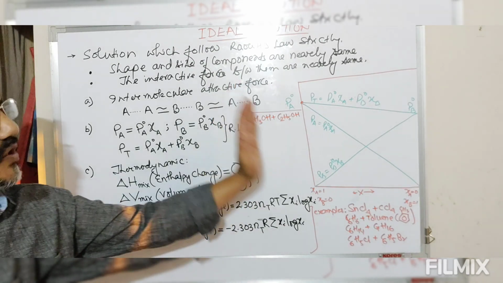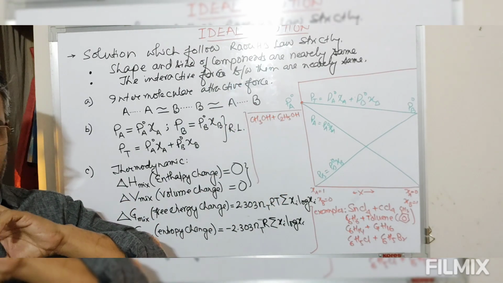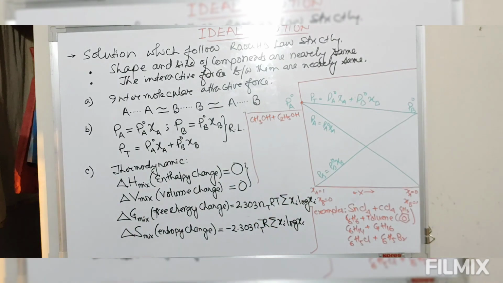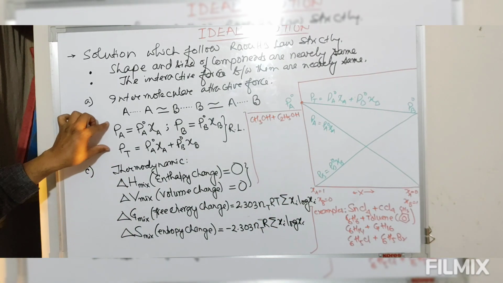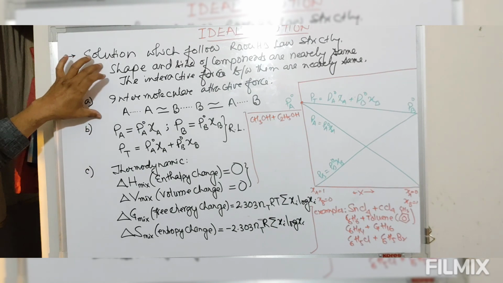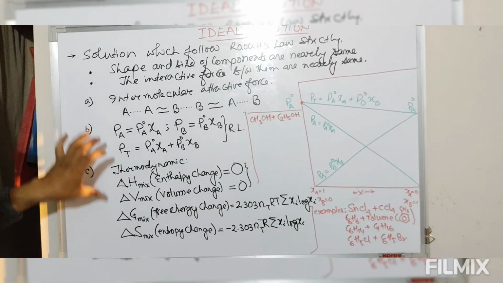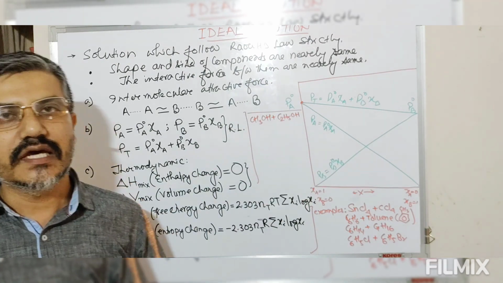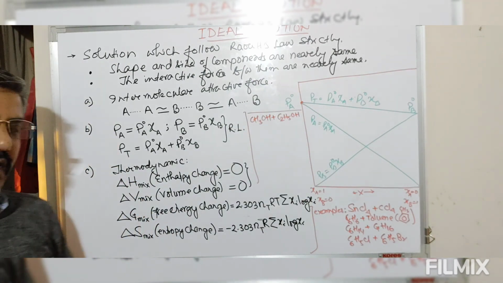So this is what we call an ideal solution. So this strictly follows Raoult's law, and these are the conditions. This is Raoult's law condition. This is in terms of intermolecular attractive force, and this is the thermodynamic parameters, and this is the graph which represents the ideal solution.